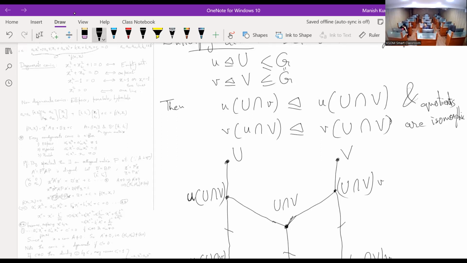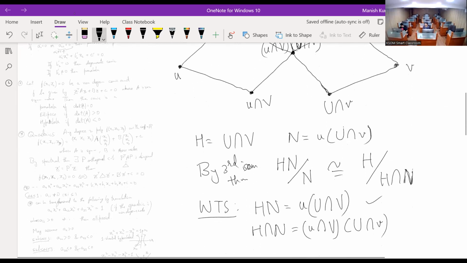A typical element here looks like A times B, where A is in little u and B is in the intersection of capital U and little v. If you conjugate it by an element of little u, it will not change. Similarly for an element of capital U intersection capital V. So this normality you can check directly. Let's not worry about normality.